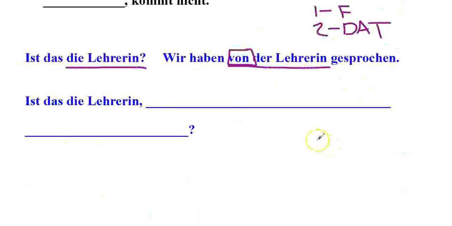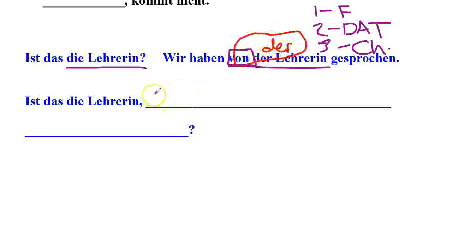All right, so we have der, because I've used the third step, I use the chart. So this is going to become der for our relative pronoun. So our preposition and our pronoun are going to go here. Von der. And now what happens to the other elements?